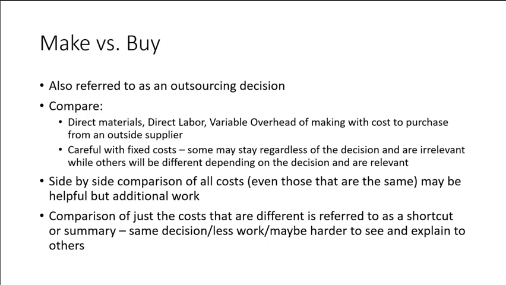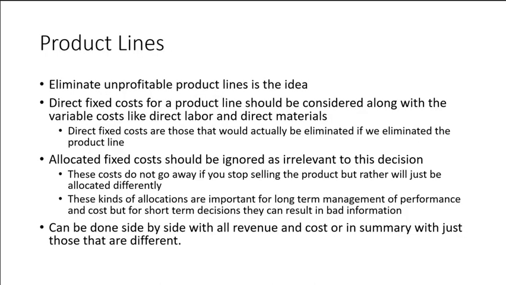Maybe we need to supervise it more closely at home to make sure that our quality is kept up. That might be a factor that goes beyond how many dollars and cents it makes or loses for us.